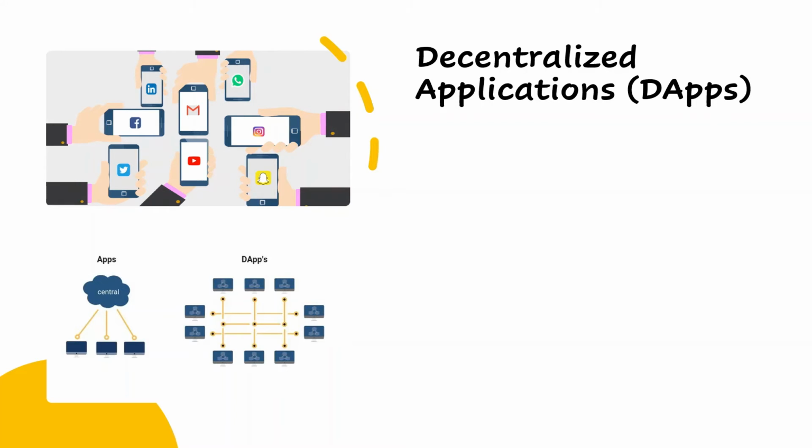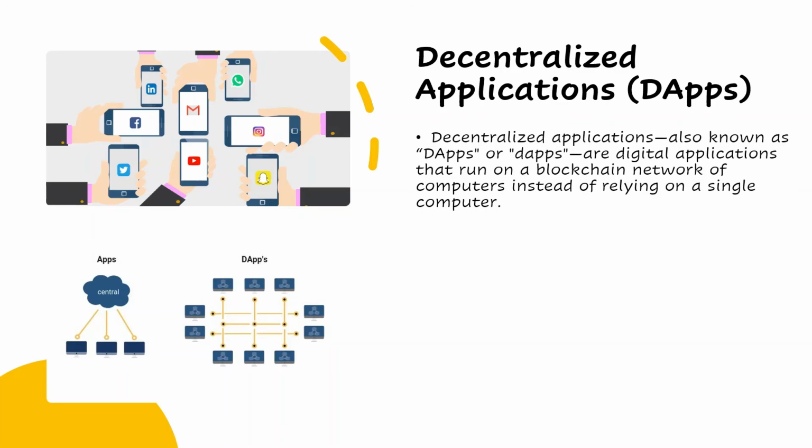All these applications are controlled or governed by a company or a limited set of people. They have their own policies, agreements, censorships, and all other conditions if you're posting or using their applications. So this led to the concept of decentralized applications, which are also known as DApps.